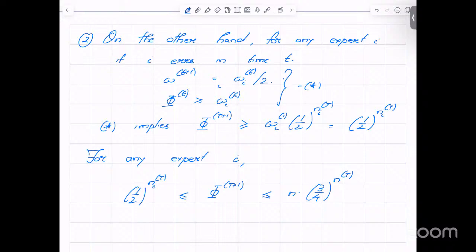You can do this, but the thing is, I want to just compare one expert again. I could do this also, except I don't know how to analyze it. The very next step is to take a log of this, and I don't know how to take the log of this summation and analyze it. Also, in hindsight, you want to compare yourself against the expert for which ni of t is very small. If all the experts are equal, this bound is off by a factor of 1 over n.